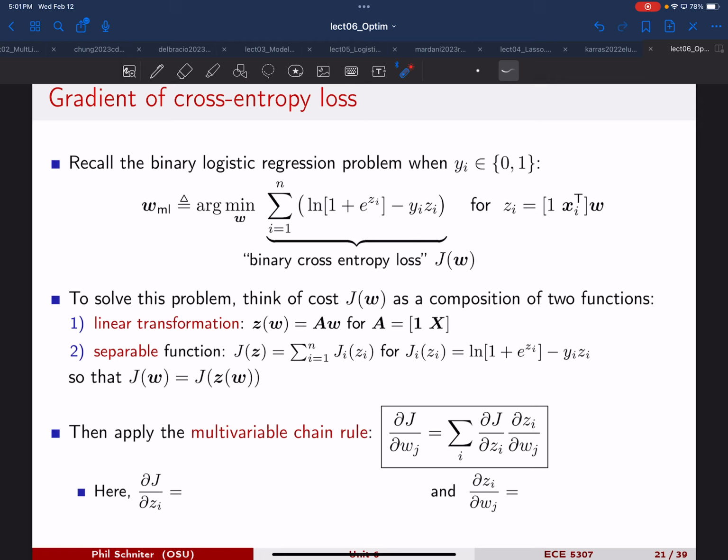Stage two takes that Z vector and splits it into components z_i and processes each one of them independently by some scalar function J_i. That scalar function, if you look at this, is just this. And then finally, you sum them together. Okay, so at a high level, the first stage is a linear stage taking you linearly from W to Z.